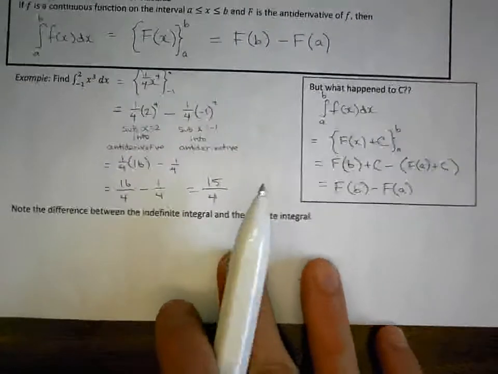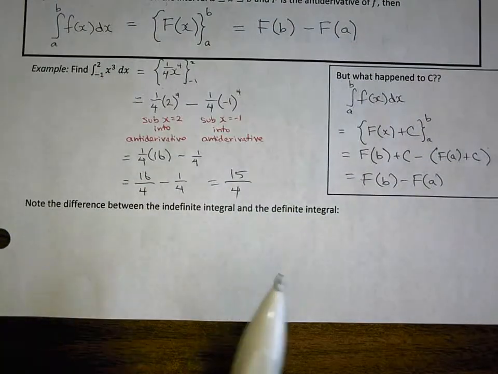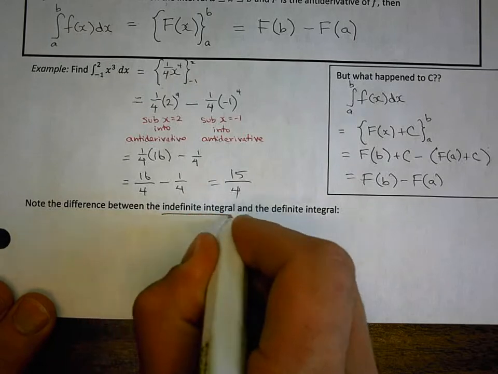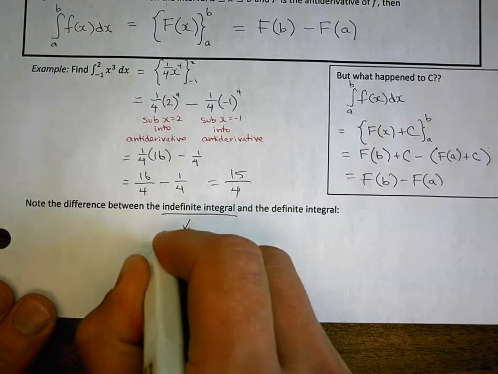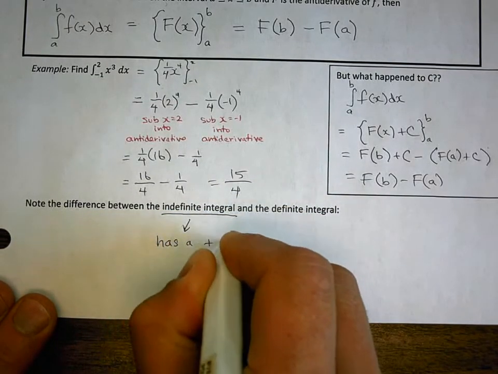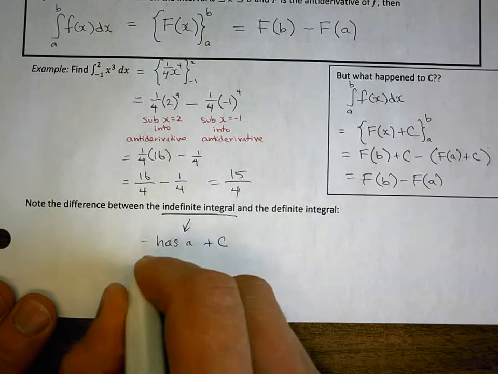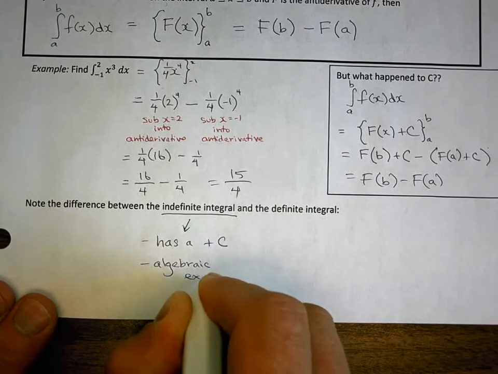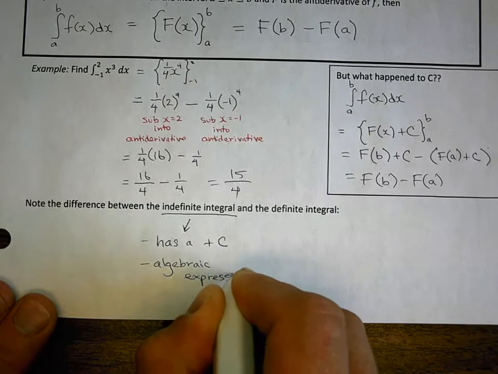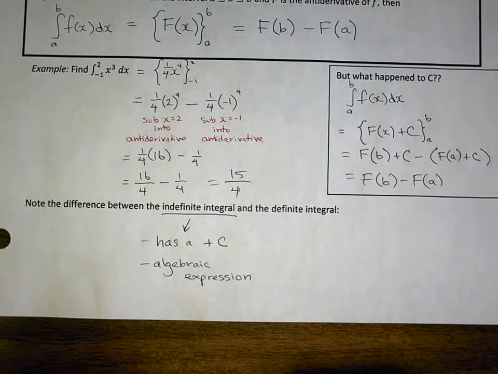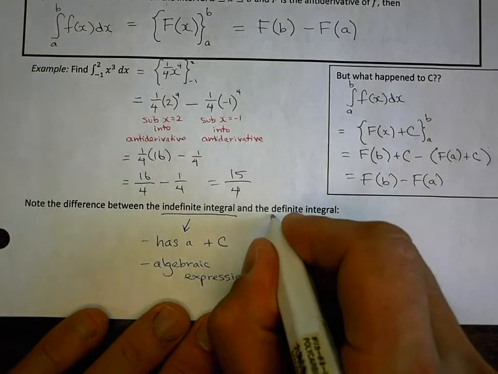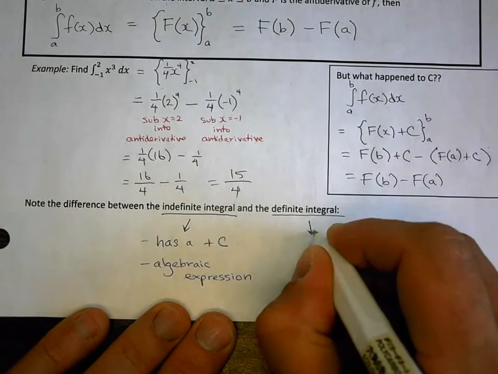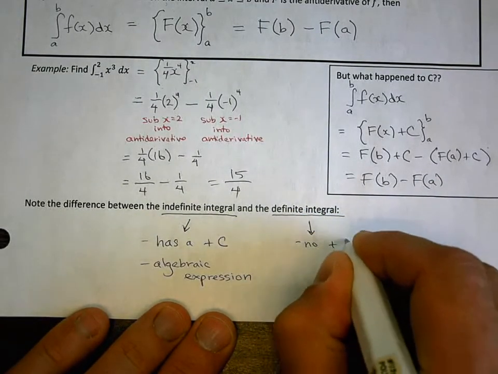I think we talked about this on our first day, but we'll just revisit it again. An indefinite integral, this is the one that has a plus c. This is an algebraic expression. This is the first section of the chapter. A definite integral has no plus c.